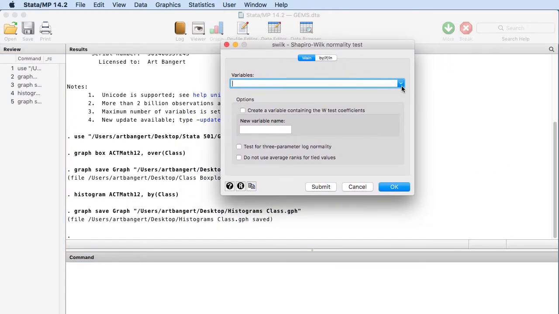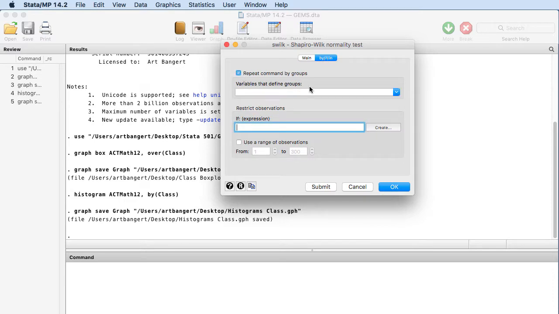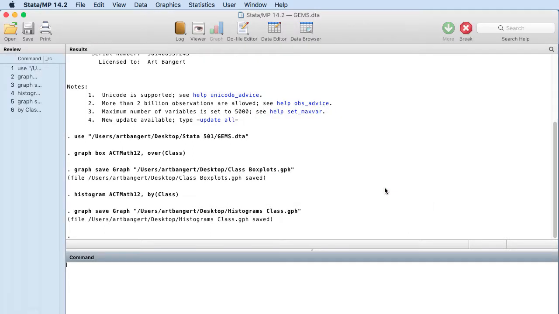And so this test, again, will determine if the data by group is significantly non-normal. And so again, we're going to use class as our grouping variable.